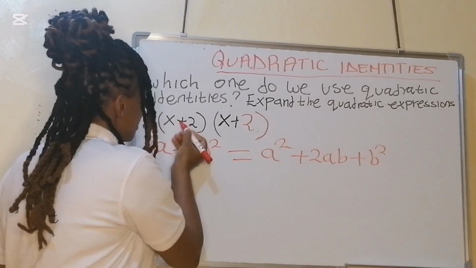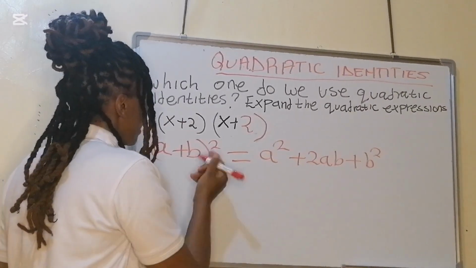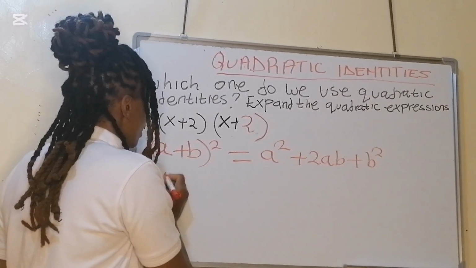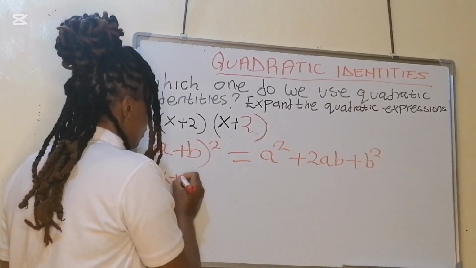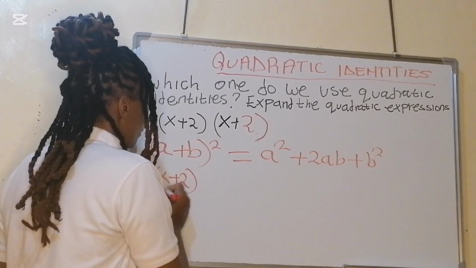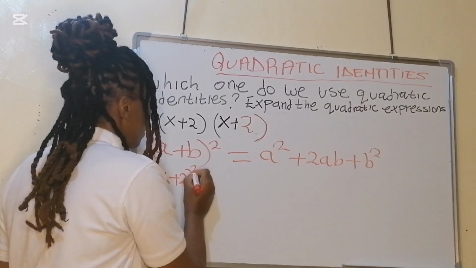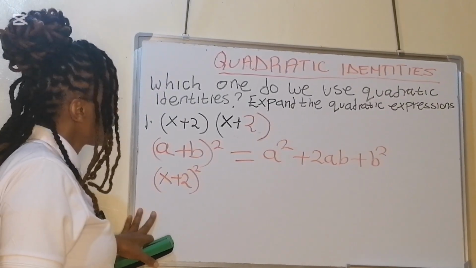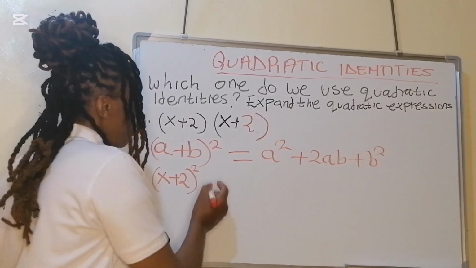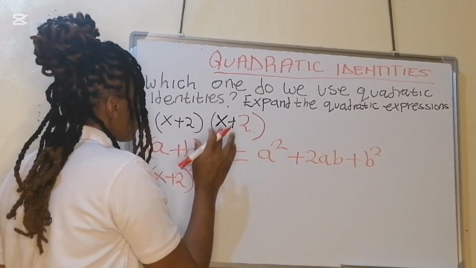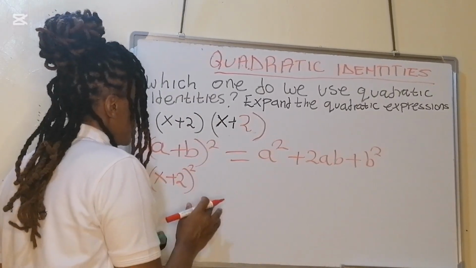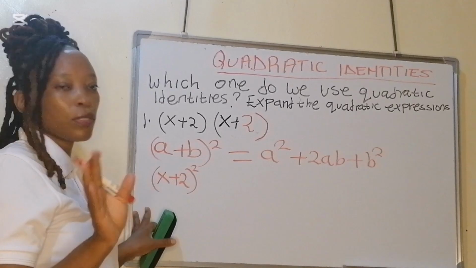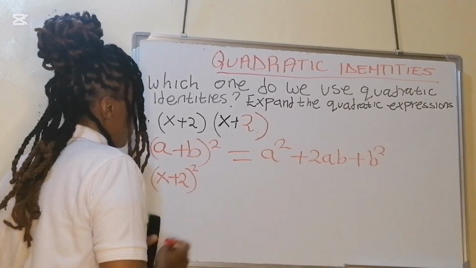So we have this expression, x plus 2 times x plus 2. So this one is x plus 2 squared. The way we can see it here, it's the same as x plus 2 times x plus 2. So x plus 2 squared.